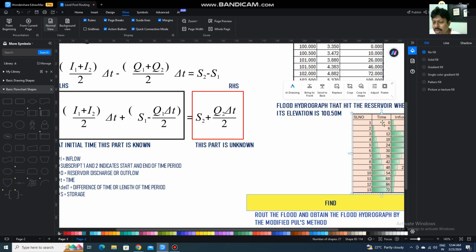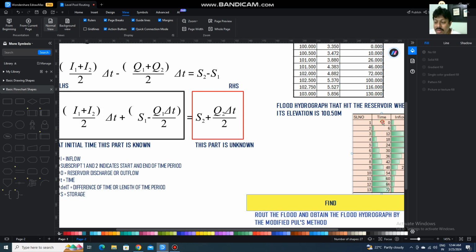This 0 indicates the time at which the flood has hit the reservoir, and this 6 indicates the next time step, when the flood has already entered the reservoir and is impacting the existing hydrograph there.